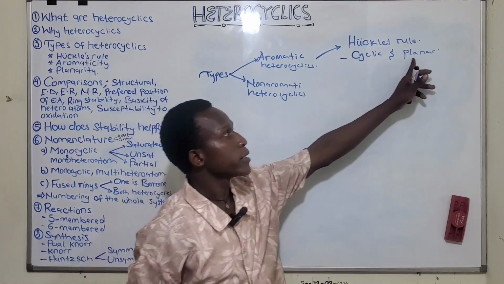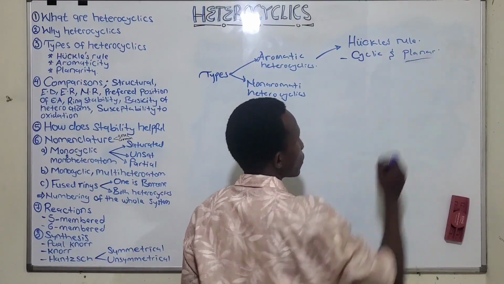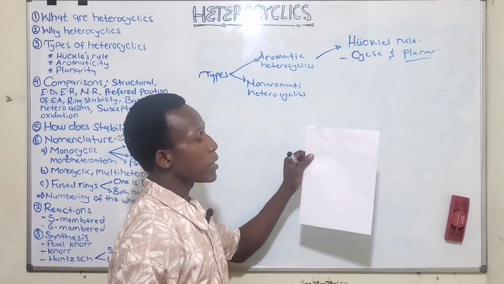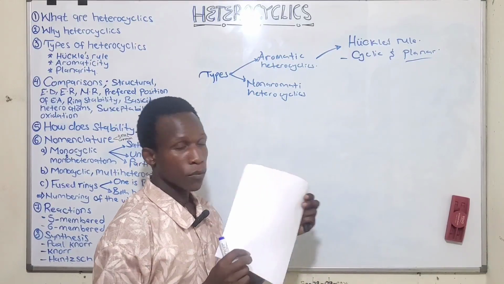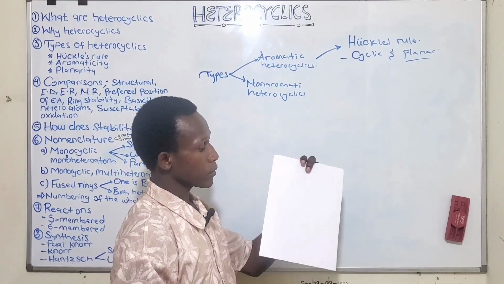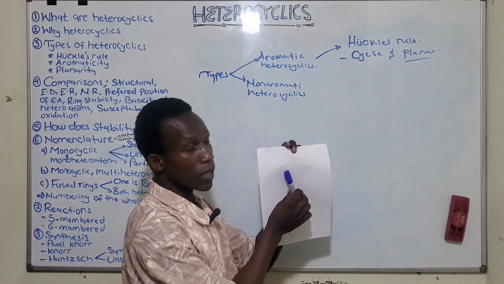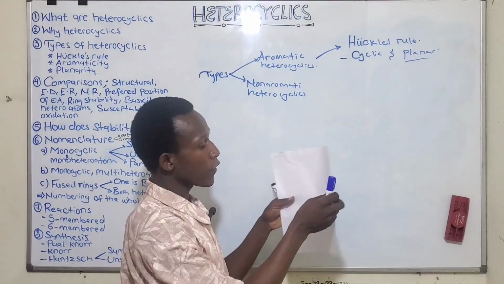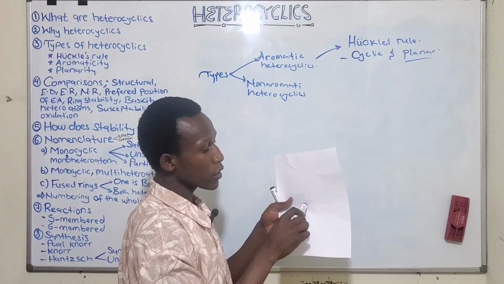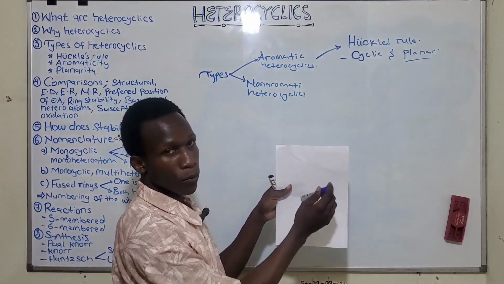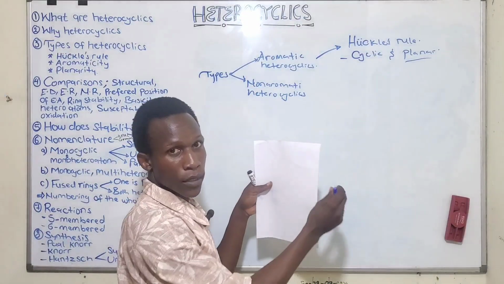What do we mean by planarity? It should lie on the plane. For example, if this piece of paper is a plane, this marker lies on the plane. It rotates on the plane. But if I make it penetrate through this piece of paper, this part will be on this side and this part will be on the other side.